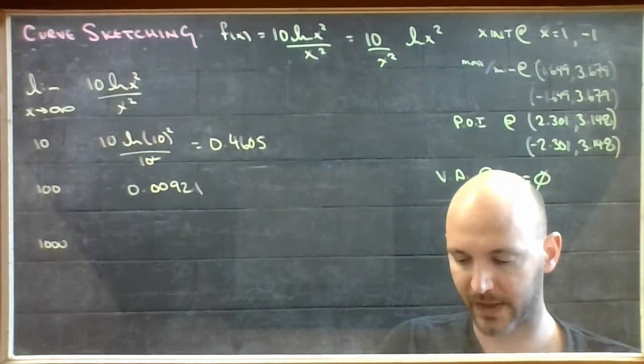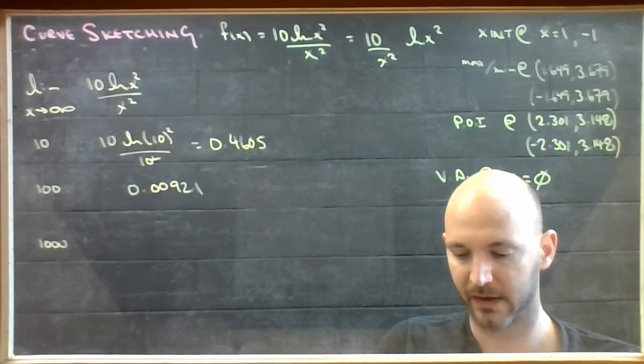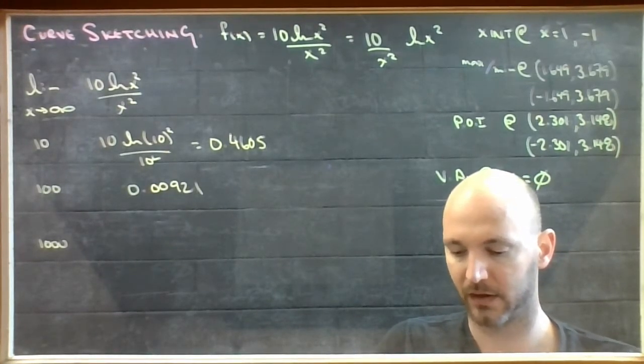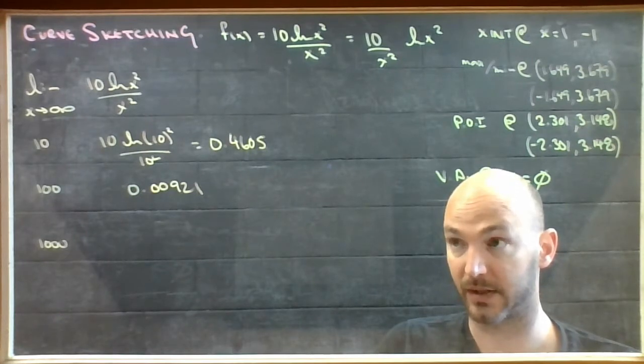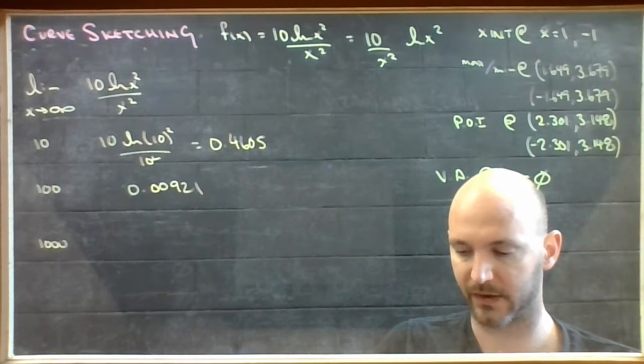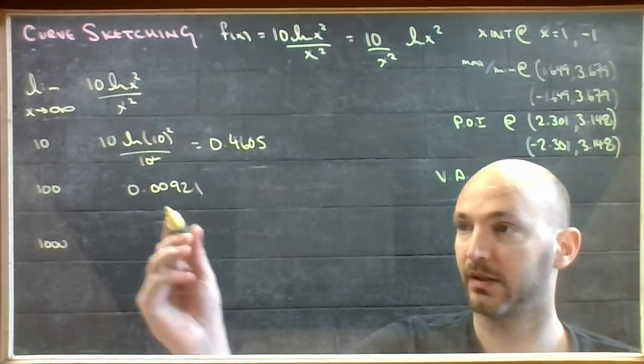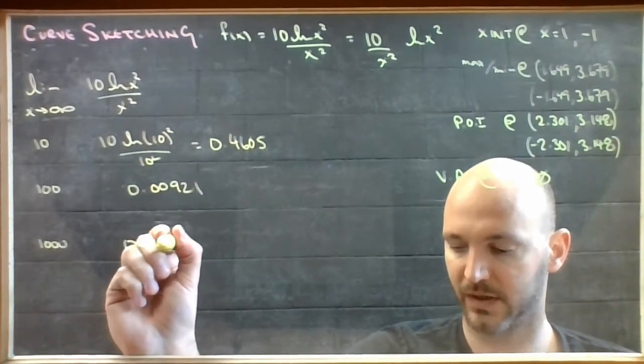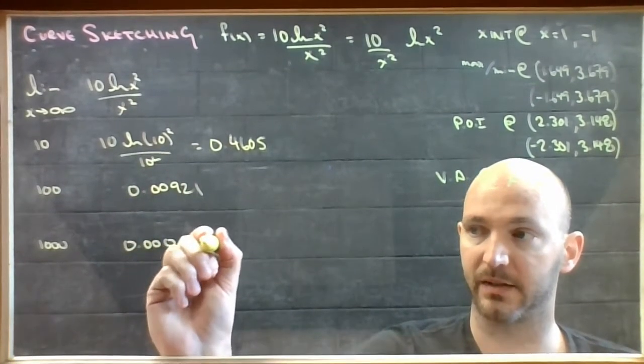And if I try 1,000, 1,000 squared, ln of that answer is 13.8 times 10 divided by 1,000 squared gives me 0.000138.